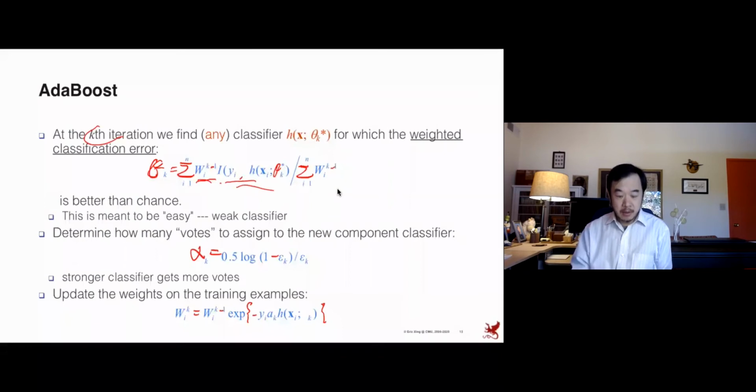Having that, you are going to now compute the alpha k, which is the weight of this whole classifier that you just obtained. Okay, you can see it's just a log of the error ratio, 1 minus sigma divided by sigma, right? It's just a measure of the goodness of this.